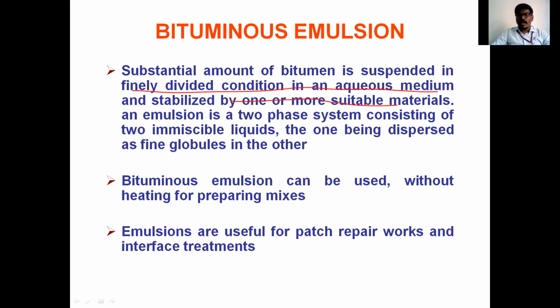We mix that with the bitumen, and that bitumen, which is a semi-viscous liquid, becomes an aqueous medium. Aqueous medium is not viscous or solid in that way. So an emulsion is a two-phase system consisting of two immiscible liquids, the one being dispersed as fine globules in the other.